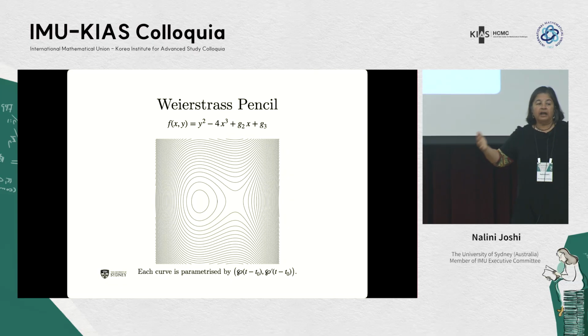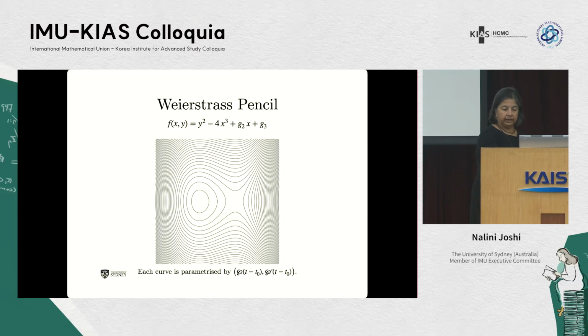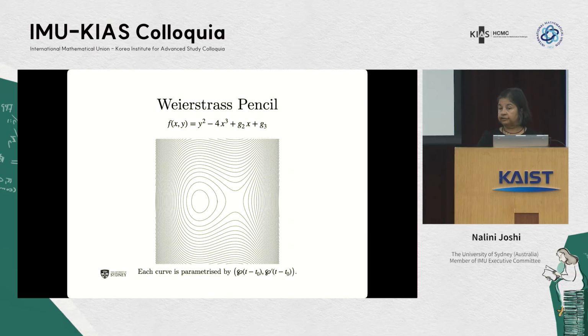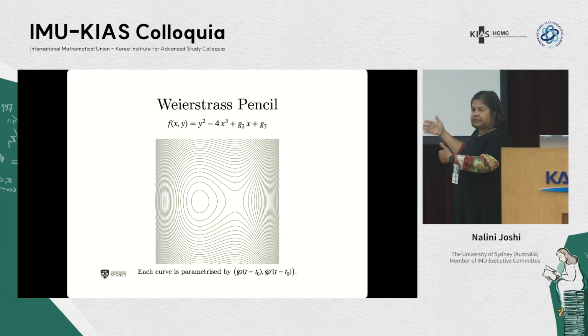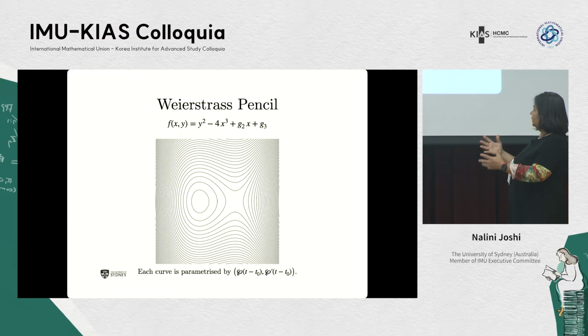So to follow the dynamics means I'm following points on such a curve, and each time t is shifting, I'm just moving along the curve. This is just a real slice of the picture, which is really of higher complex dimension.